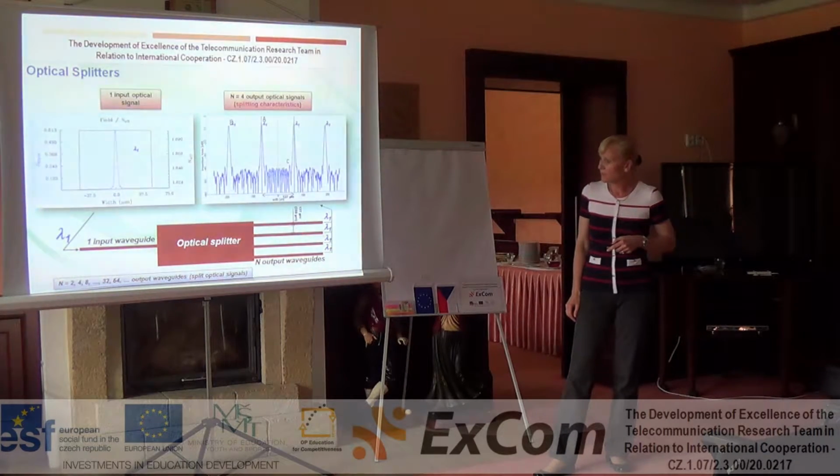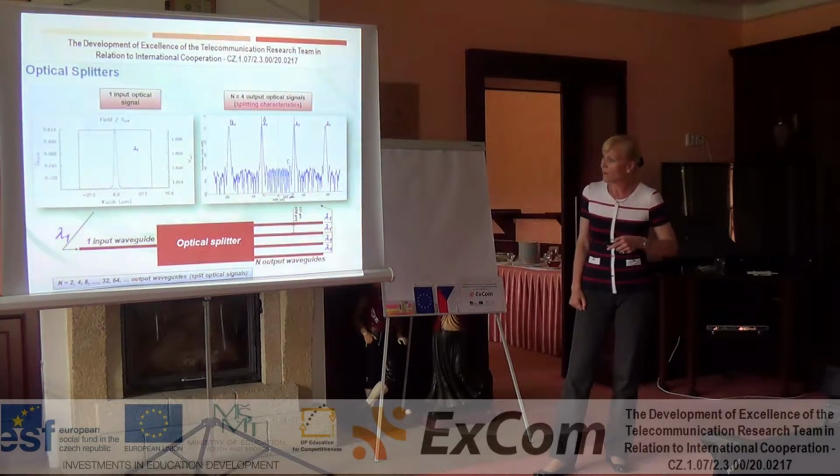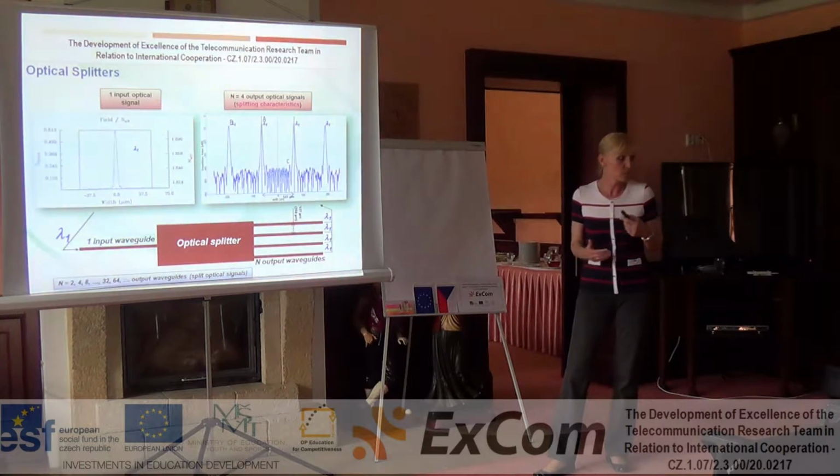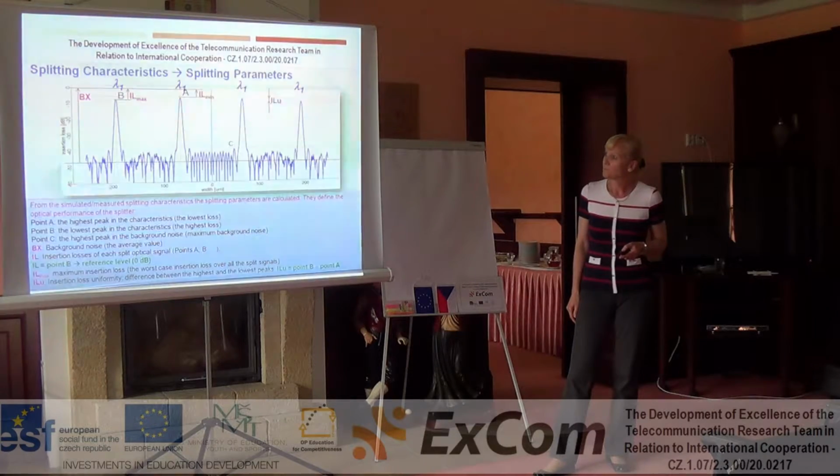The typical pitch between two output waveguides is usually 127 or 250 micrometers. The same you can see on these splitting characteristics. We have 4 very nicely separated peaks, separated by a distance of 127, and here we have again the losses. We measure the losses in each output waveguide.